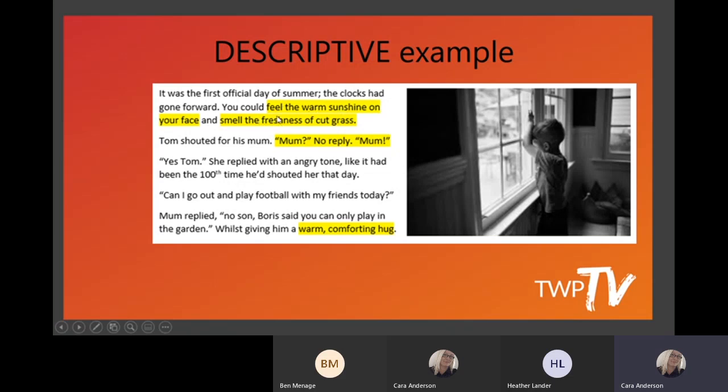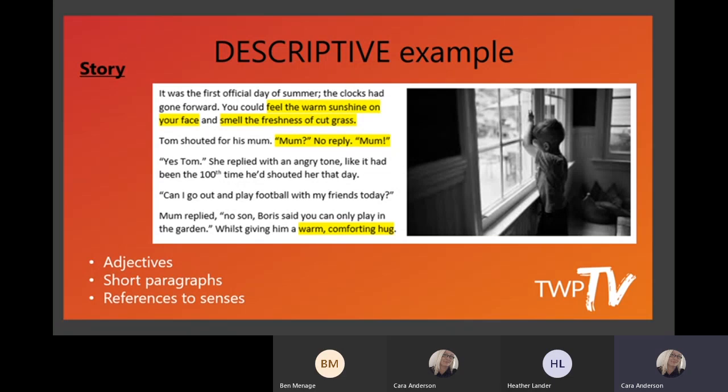Referring to the senses up here, so feel the warm sunshine on the face, smell the freshness of the cut grass. So again, it's relating to the senses. So this is obviously a story. It's got lots of adjectives in there because it's describing things. There's short paragraphs which are highlighted, and then references to your senses.